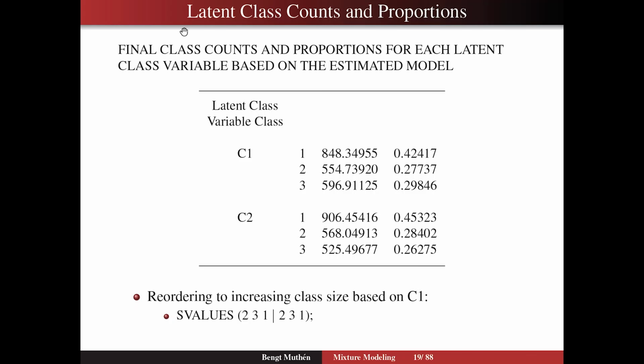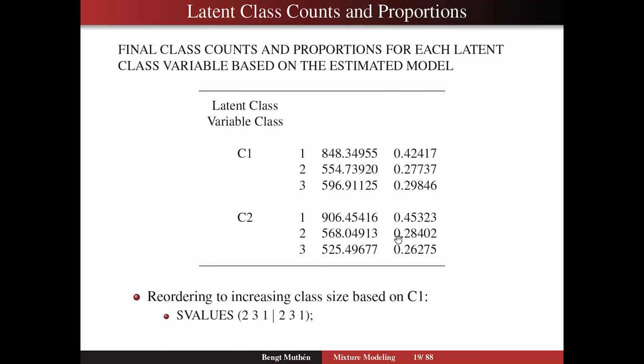And here's what we get: latent class counts and proportions for each variable, C1 and C2. And you get a 0.42 class, 27, 28, 298 here, and a little bit different at the second time point, because there are transitions from C1 to C2 that create a different marginal distribution for C2.